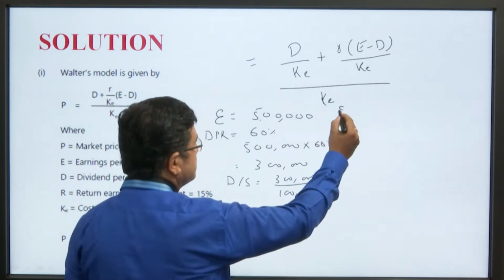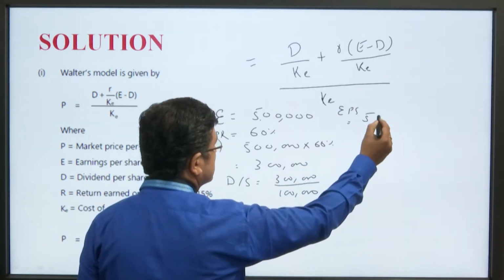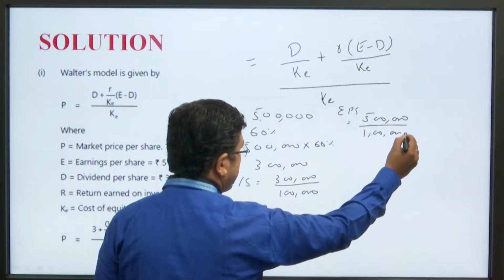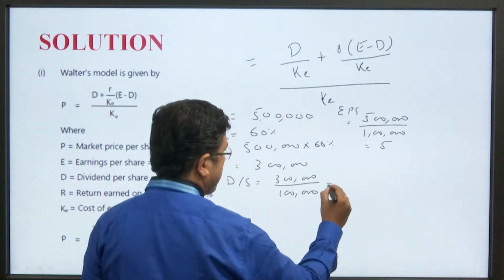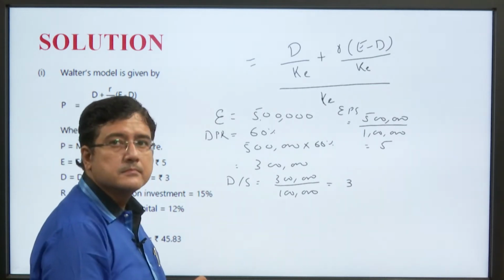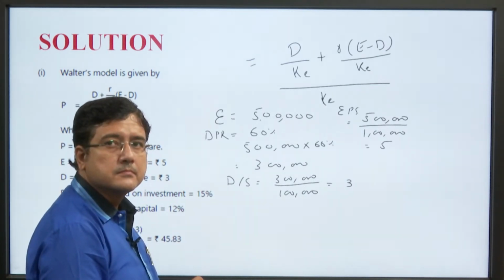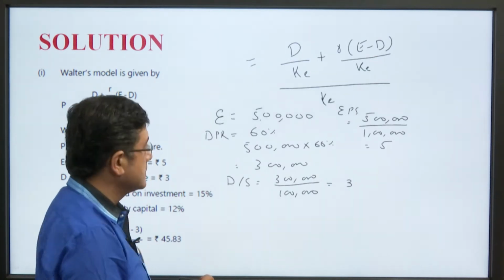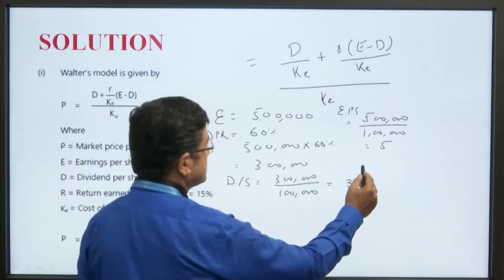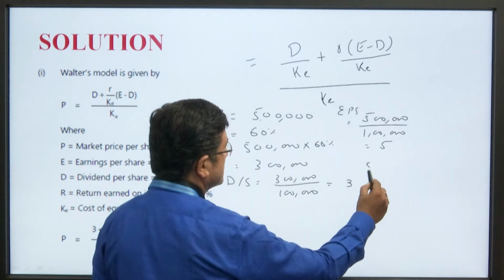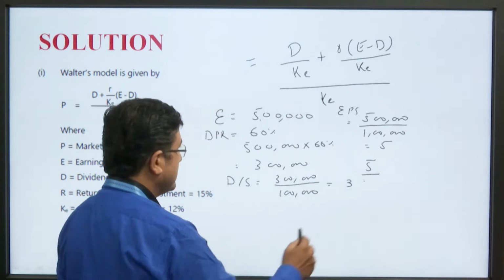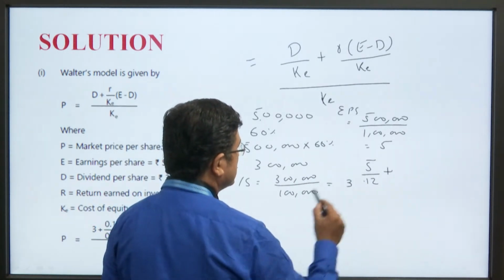and EPS, what is EPS? Earning per share. So, put the formula: 5 divided by K, what is K? K is 12%, 0.12.